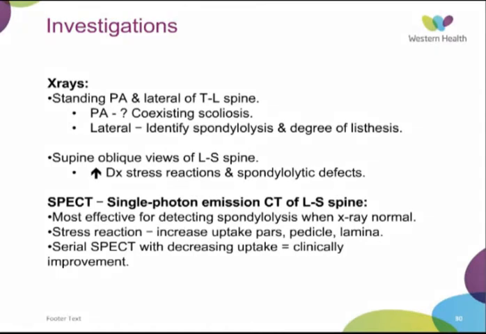In the lateral, you can identify the spondylolisthesis and the degree of the listhesis or the slippage. The supine oblique views of the lumbosacral spine may help with diagnosing any stress reactions and spondylolytic defects.